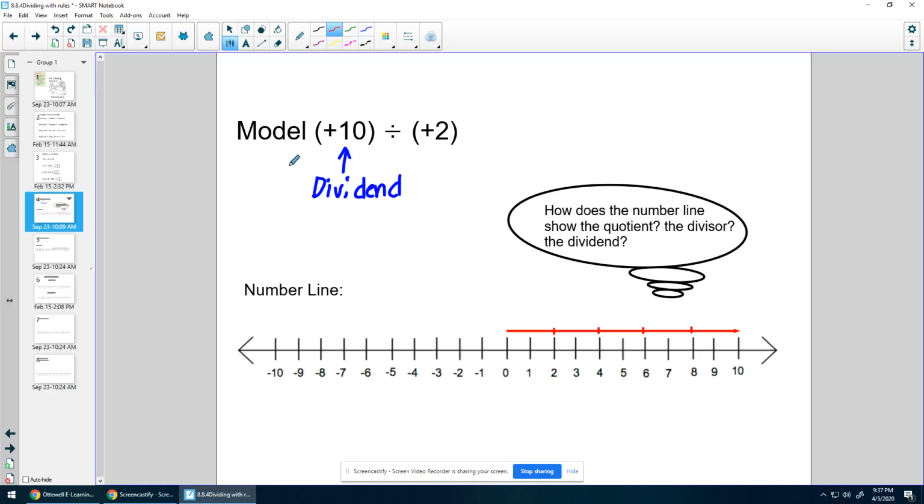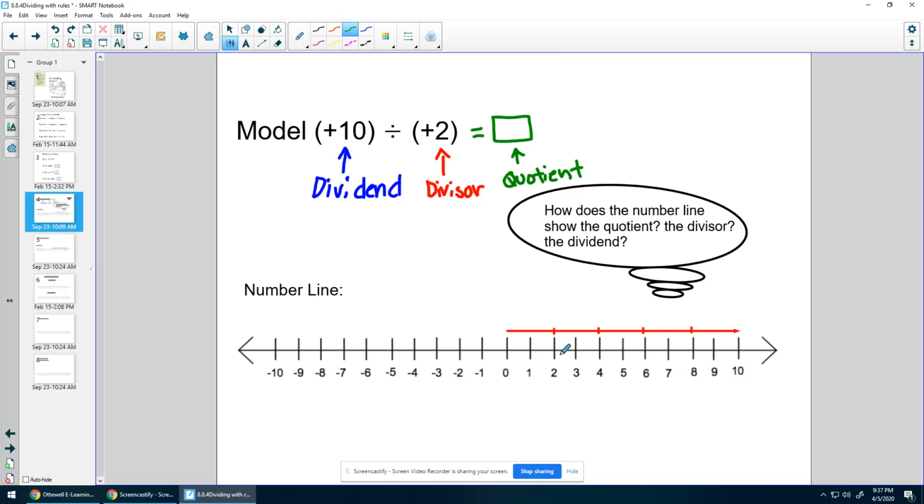Then we have our 2, which is our divisor. And then lastly, we have our answer or quotient.